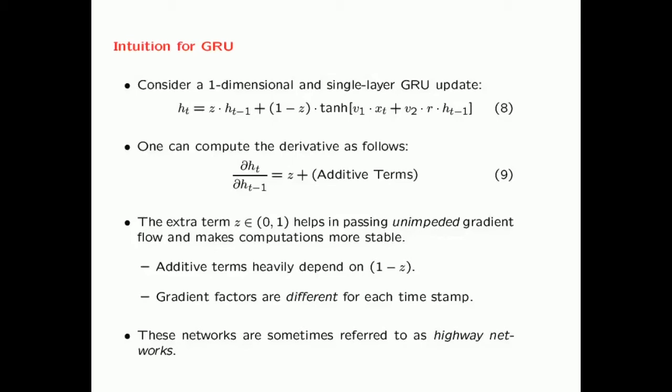So in each timestamp you will be multiplying by a different amount, which tends to make the gradient flows a bit more stable. This kind of stability is ensured by the notion of partial gating. And when you're using partial gating to copy portions of the state from timestamp to timestamp, they often refer to this principle as highway networks.